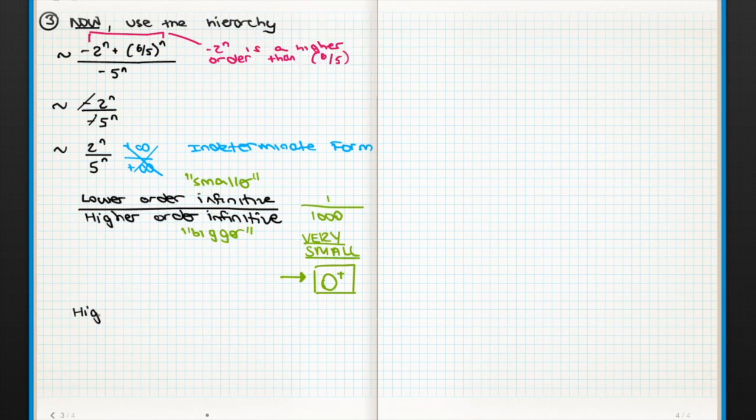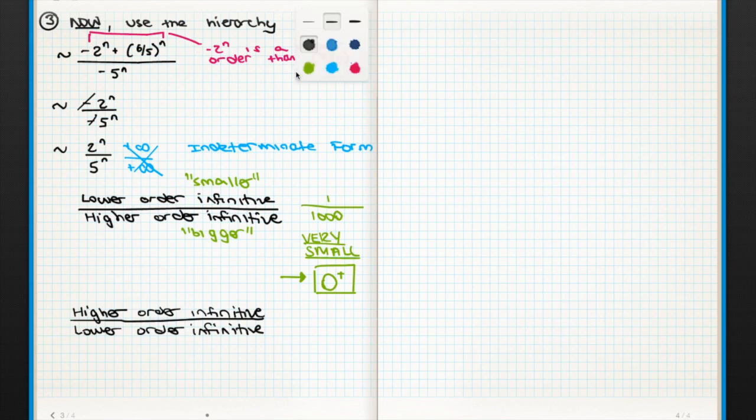And if we had the opposite, higher over lower, now we have a much bigger number over a much smaller number. With this one, you have to be careful with the signs, whether they're plus or minus infinity. And so if you think about it backwards, where we have 1,000 on the top and 1 on the bottom, this is going to be a very big number.